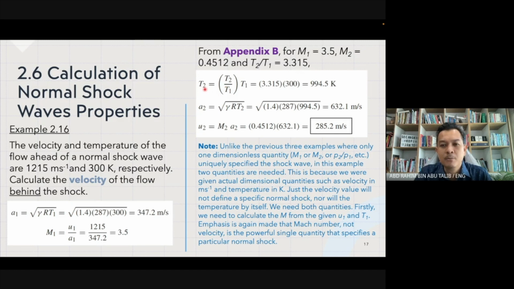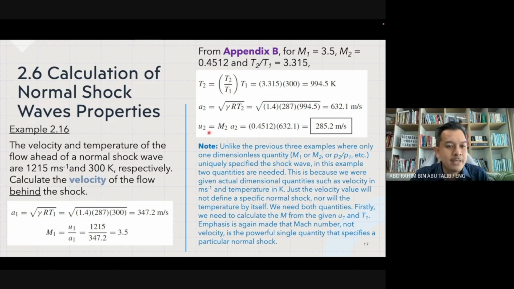So putting the value, finding the value for T2 now, you can get the value to become 994.5 Kelvin by knowing the temperature ratio. Then you can obtain the speed of sound at station 2 to become 632.1 meter per second by putting the value of the temperature T2 inside this expression.